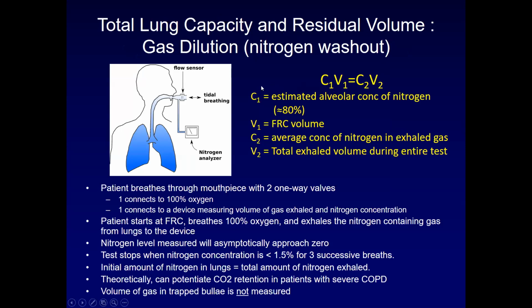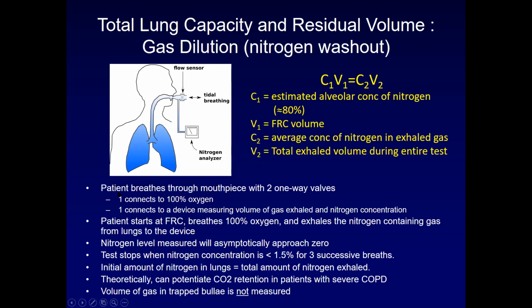Since we use nitrogen, we take the concentration at time 1, which is essentially equal to the alveolar concentration of nitrogen, or about 80%. This volume V1 is the FRC volume. And then we'll measure the concentration and the volume at time 2 through a series of measurements that I'll go through right now.